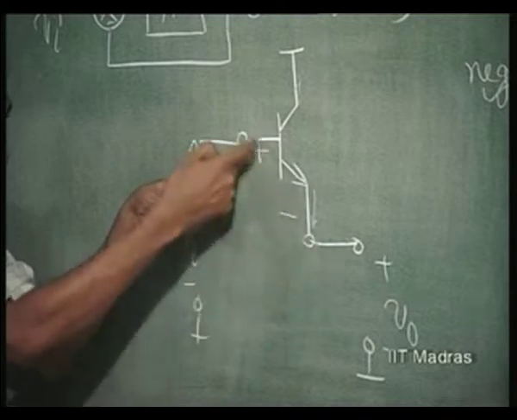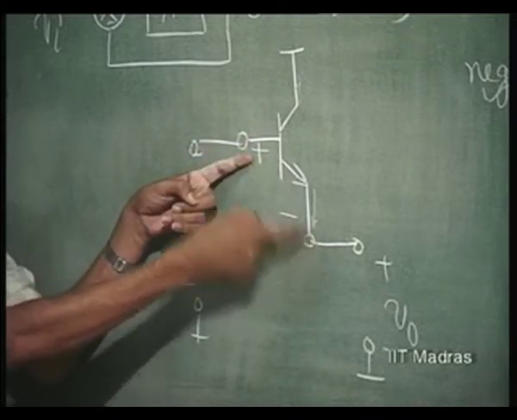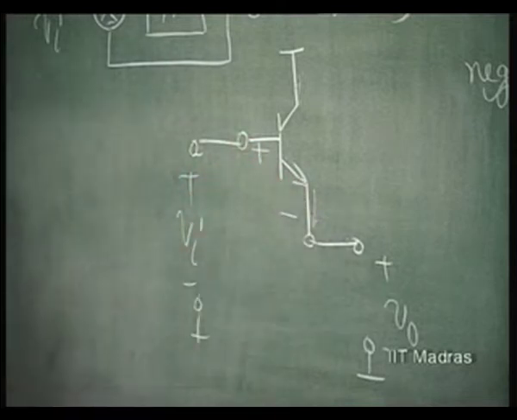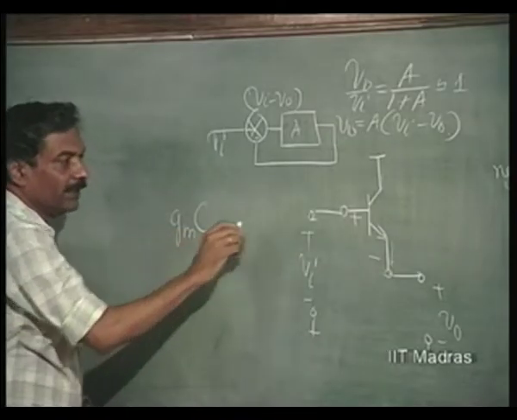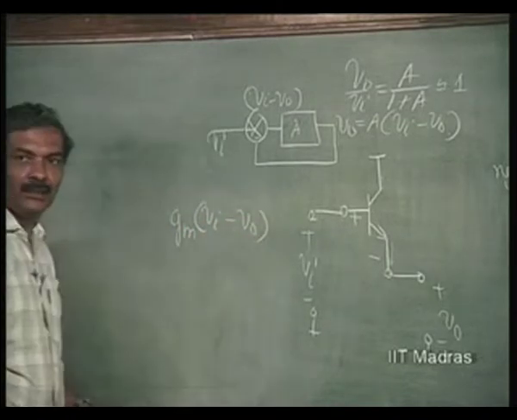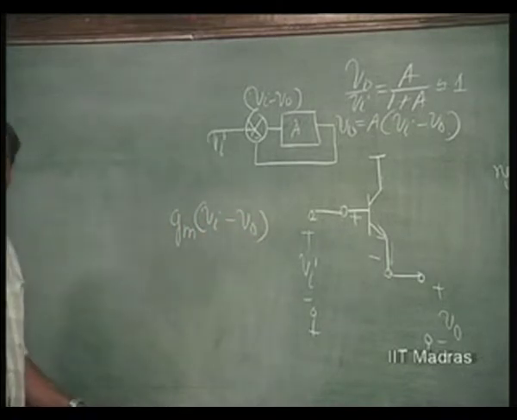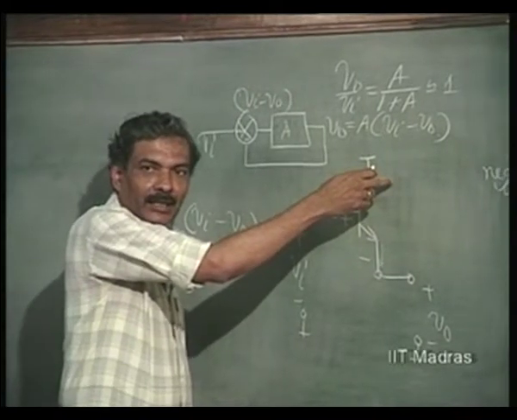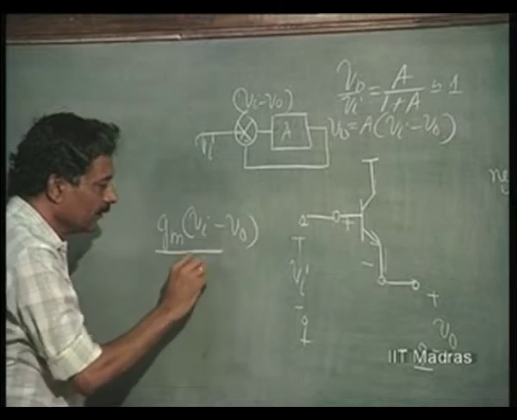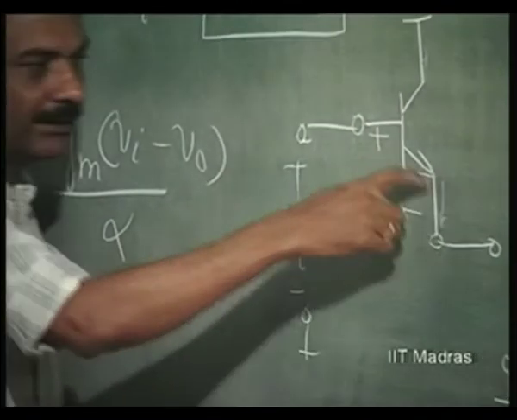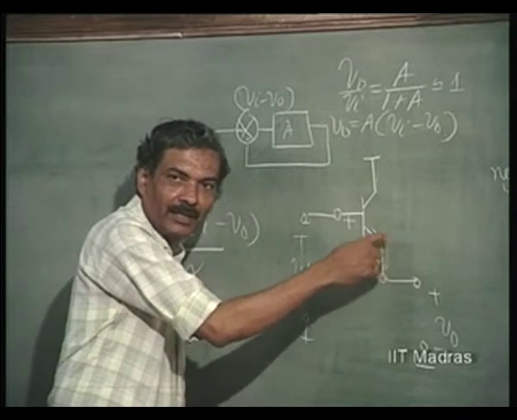So, this Vi minus V naught is really the VBE. Gm times VBE, which is nothing but Gm times (Vi minus V naught), is the output current, that is the collector current. Emitter current is alpha times higher than that, that is, 1 over alpha times that.